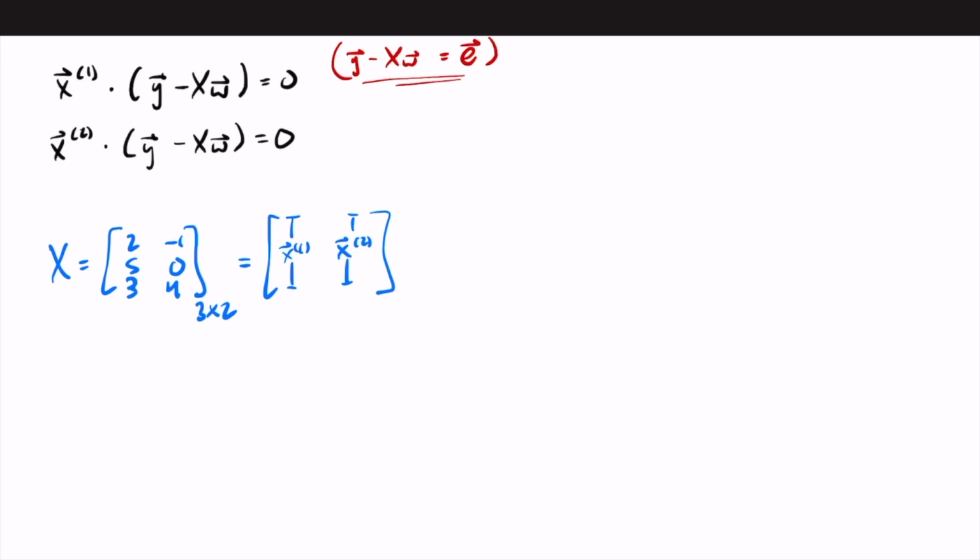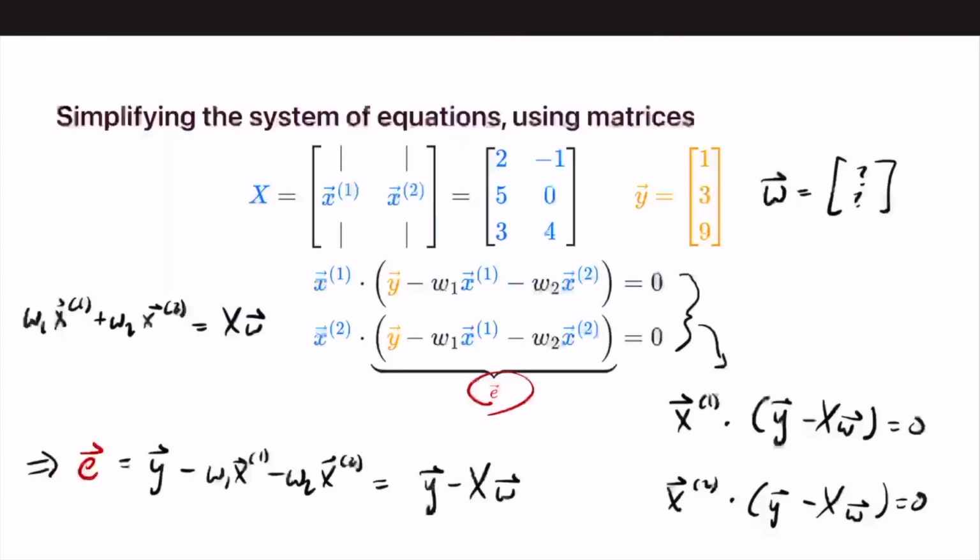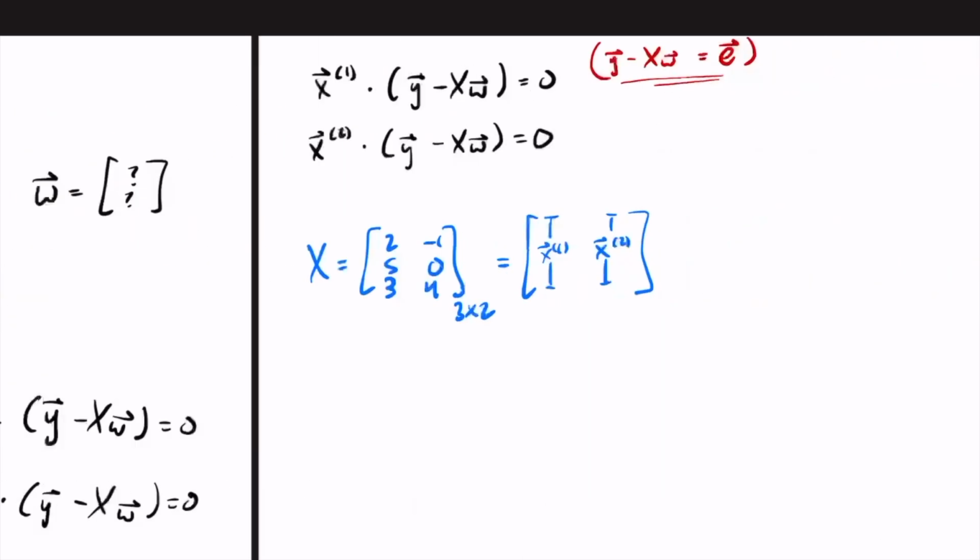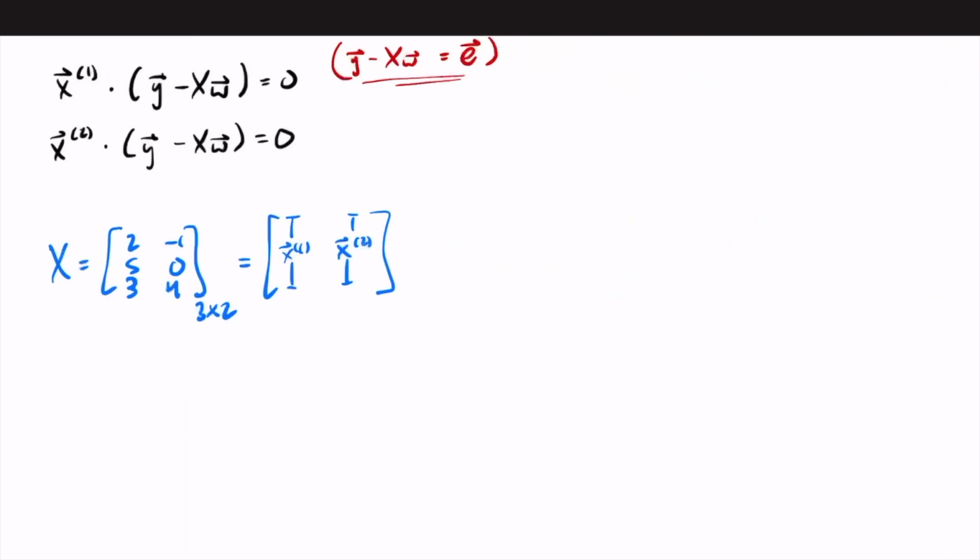So these things are equivalent. We're just taking these individual x vectors and concatenating, or stacking together, the individual column vectors. And we know that we have to do some sort of multiplication here with vectors.